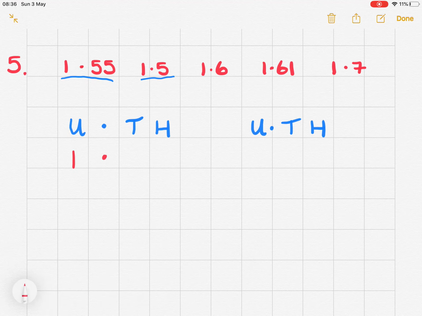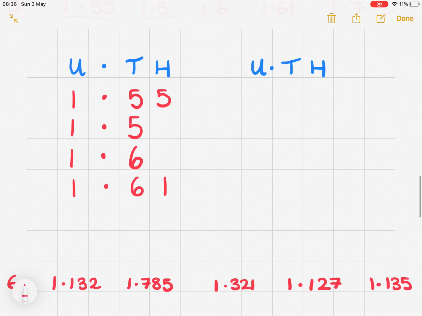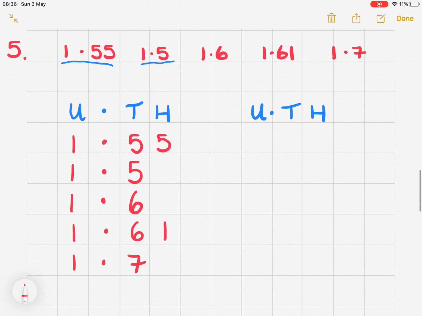So we've got 1.55, 1.5, 1.6, 1.61, and then 1.7. Okay.